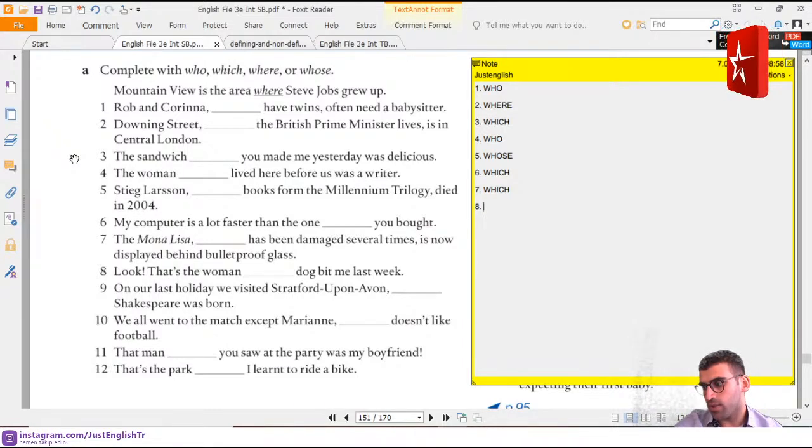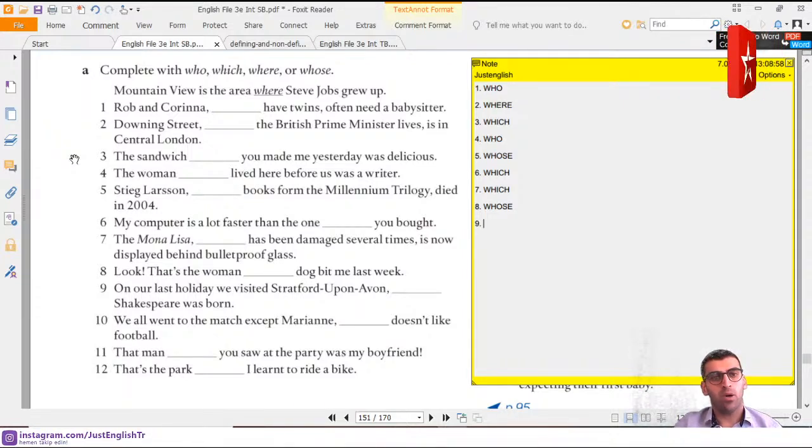Number 8, Gülsafa says whose. Ceyda says whose. Yes, number 8 is whose. Great, perfect. Number 8 is whose, not number 9.